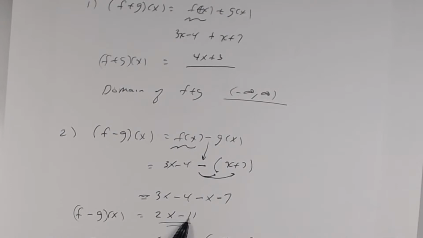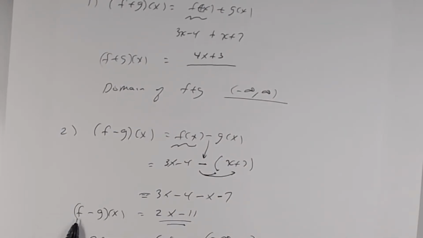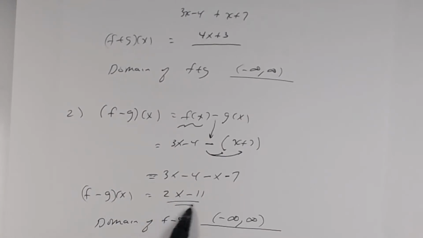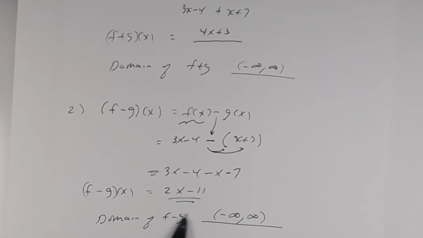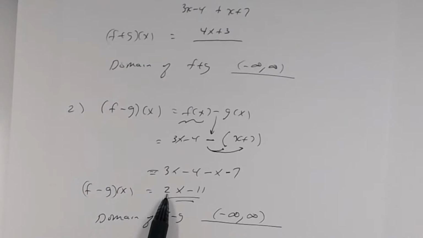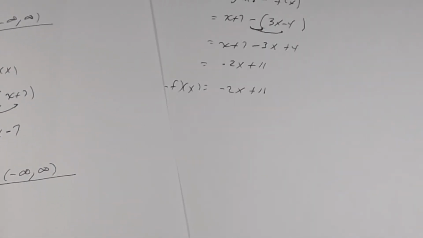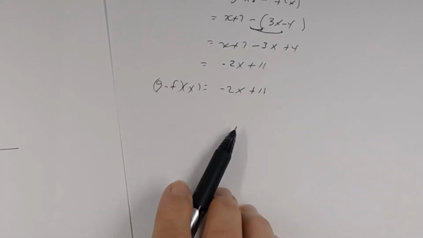Positive 2x minus 11. Okay, so it's just the opposite. So if f minus g was this, then g minus f is going to be the what? The opposite. And what's the opposite of 2x minus 11? All you do is change the signs. Negative 2x plus 11. But don't memorize that if you don't remember it. Just do the work. Do the work.